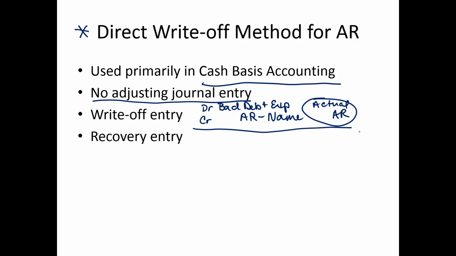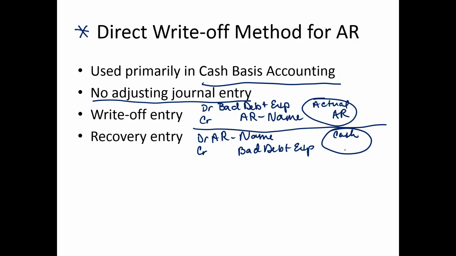If later that customer decides to pay, then you're going to be debiting accounts receivable, their name, and crediting bad debt expense. In other words, you reverse out the write-off entry. And the amount here is for the amount of cash that you've received.